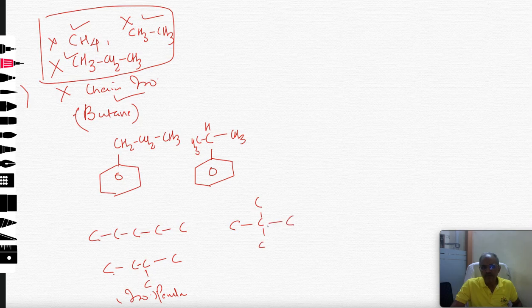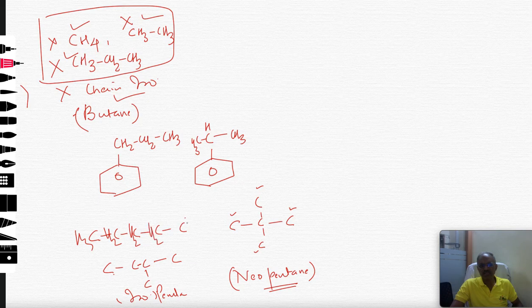And when one carbon atom is attached to 4 different carbon atoms, that is 4 methyl groups, this is known as neopentane. Then CH3, CH2, CH2, CH2 and CH3.